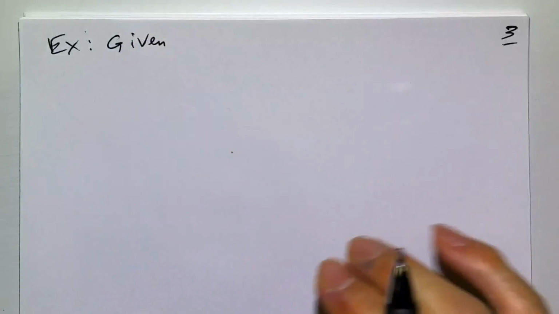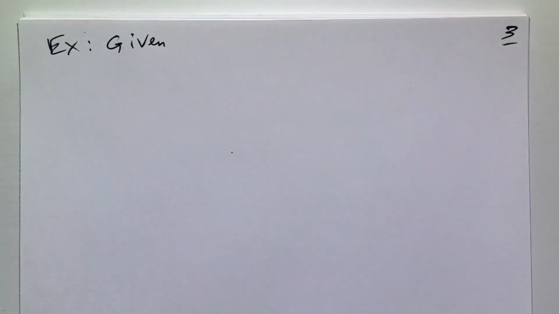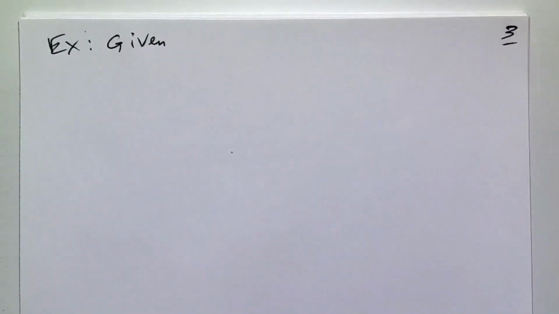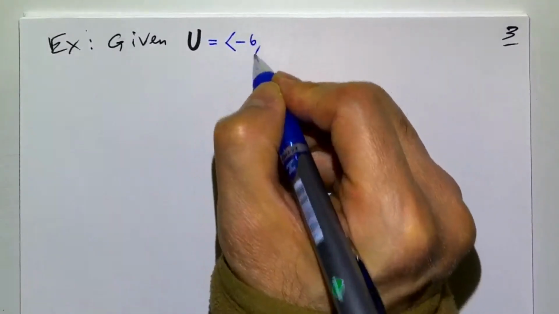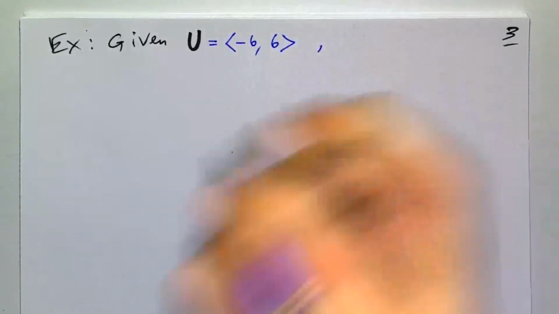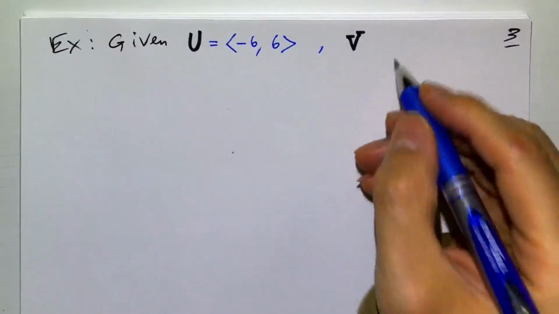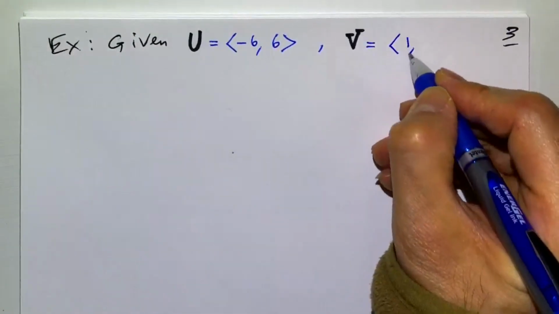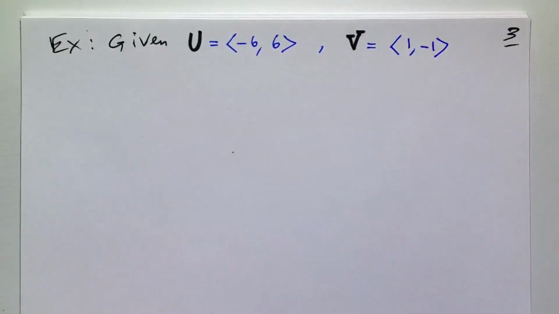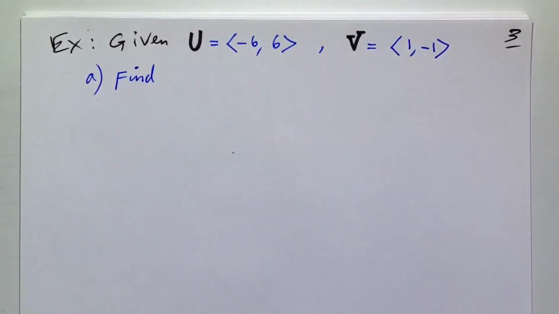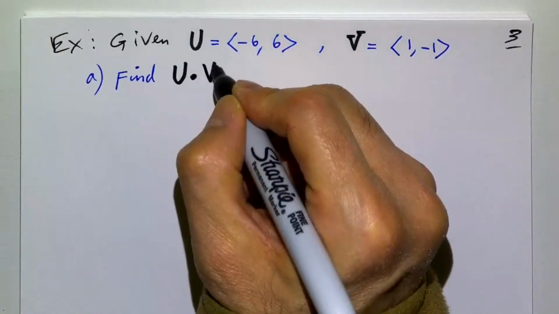So in this example, we say that given two vectors in component form, so let's say vector u is equal to this, and vector v is equal to 1 comma negative 1, we want to find the dot product of u and v.